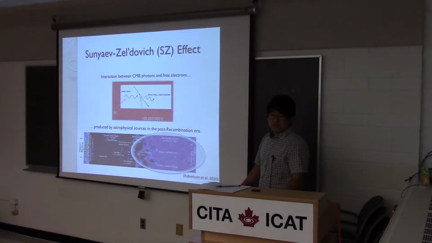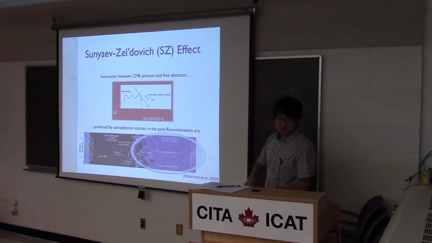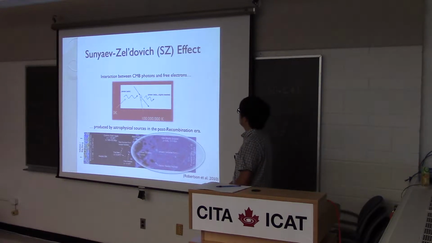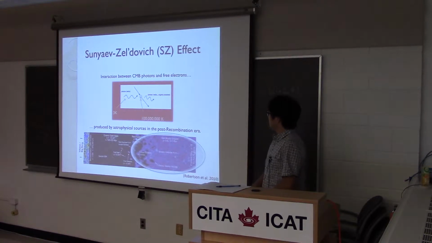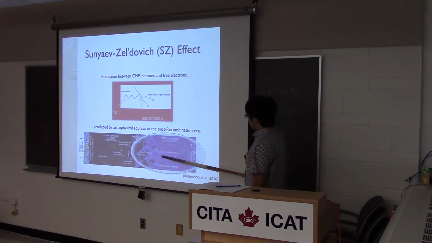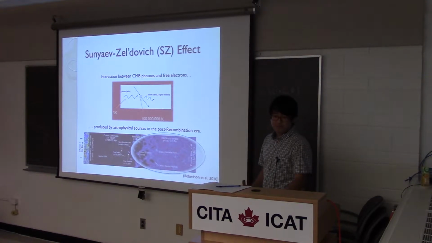So SZ effect is a term for the change of the temperature when the CMB photons get scattered by free electrons from ionized gas on the way from the last scattering surface to us. And then we basically want to learn about the baryon on the way by looking at this signal.